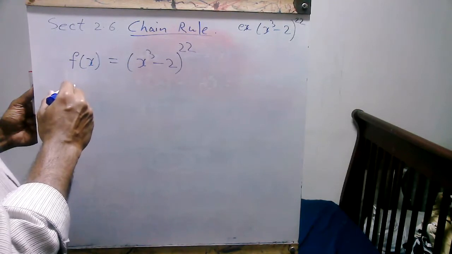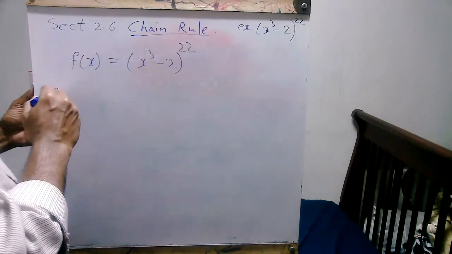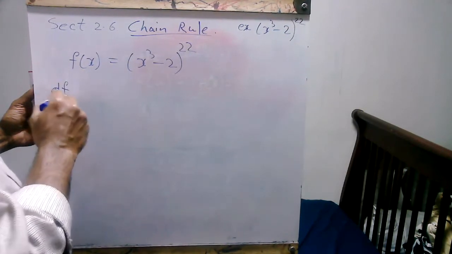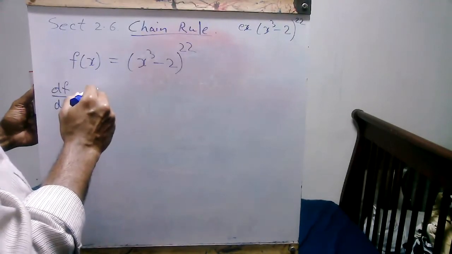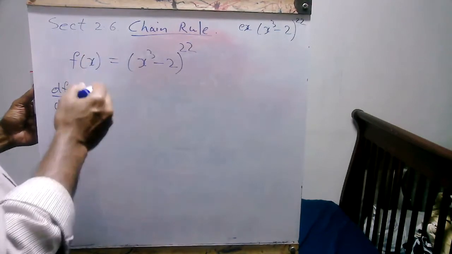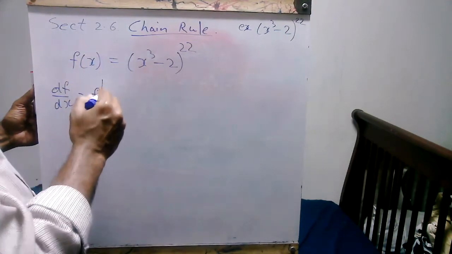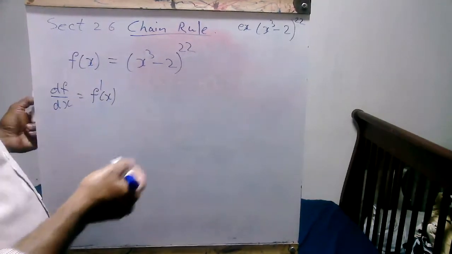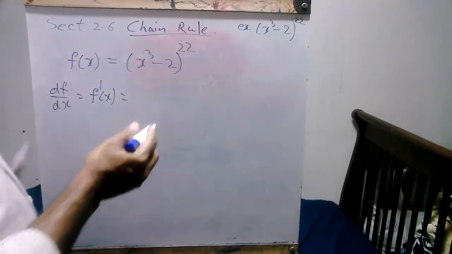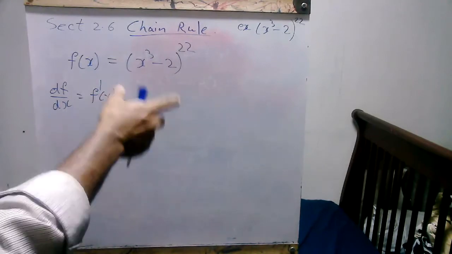What we want to find is df/dx, which, in short, once you're getting used to the process, you may write simply as f dash x, or f dash sometimes. Now this is the thing I want to tell you.